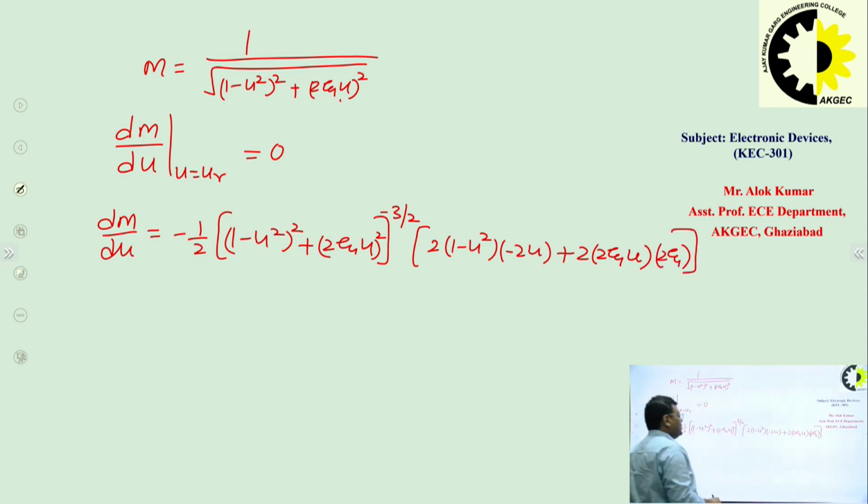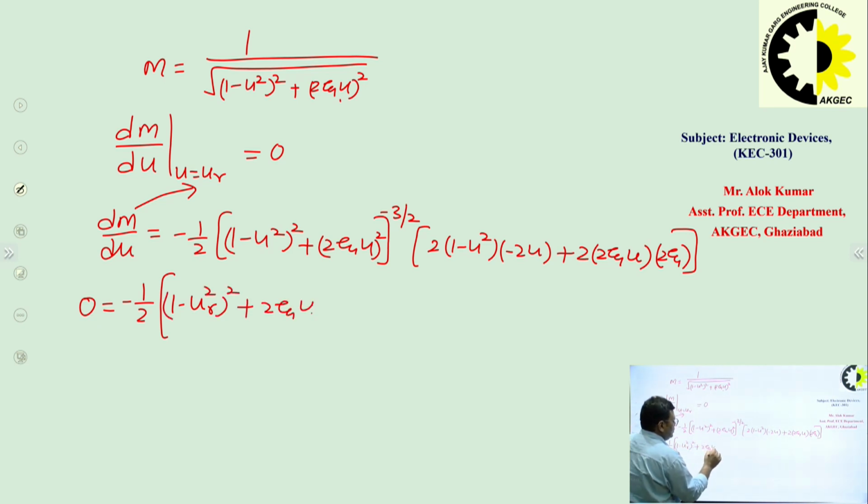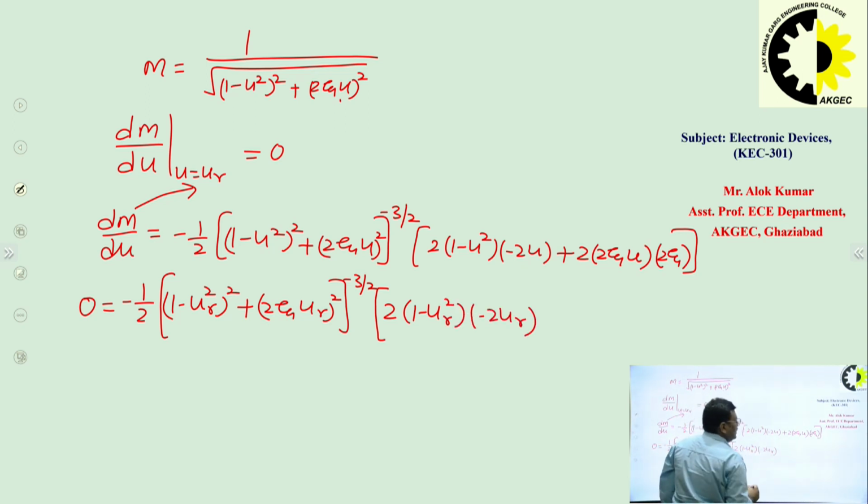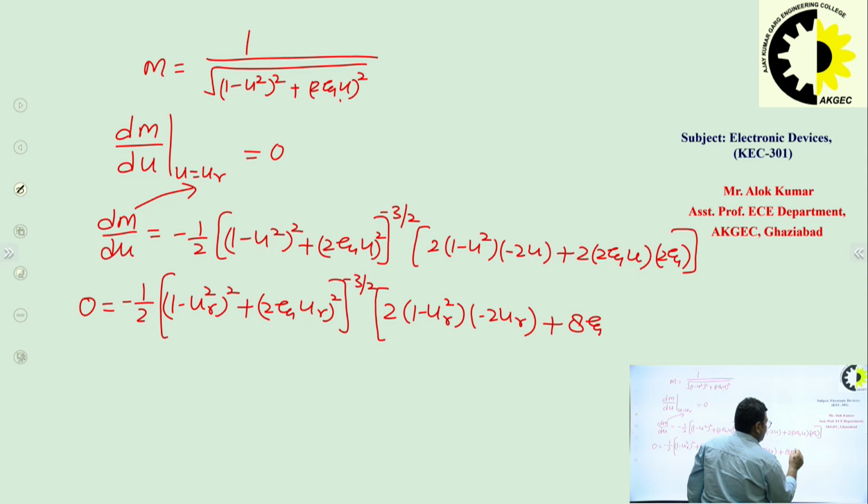After differentiation we are getting this. So dM by du is 0 if I put u equal to ur. In this equation I replace u by ur: (1 minus ur square) whole square plus (2 zeta ur) square to the power minus 3 by 2 into [2 into (1 minus ur square) into minus 2 ur, plus 8 zeta square into ur].